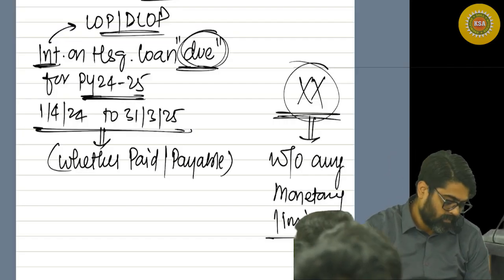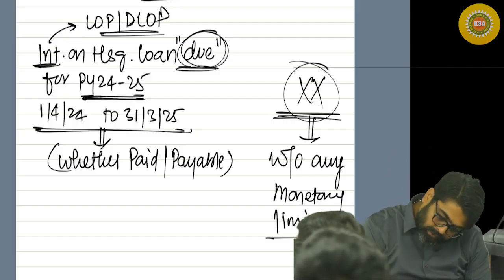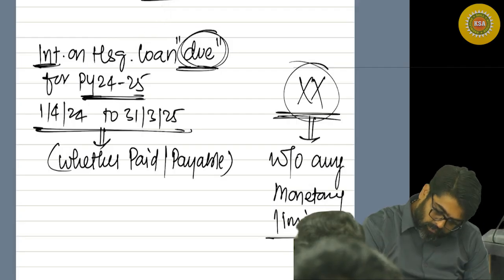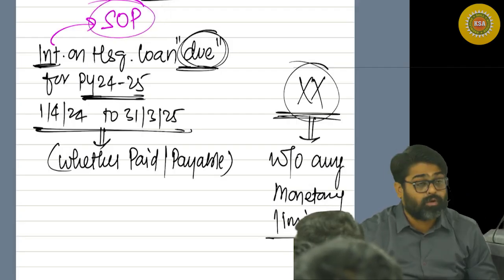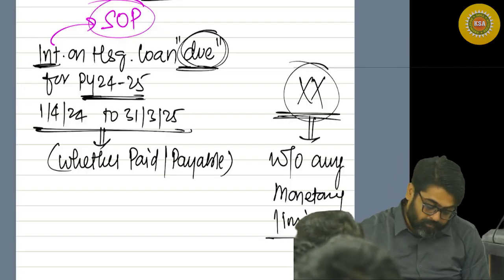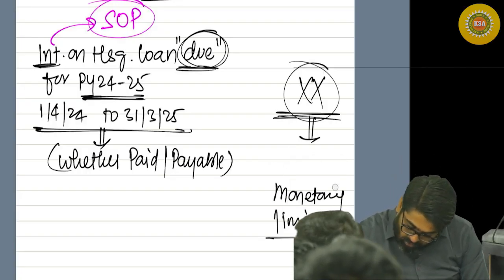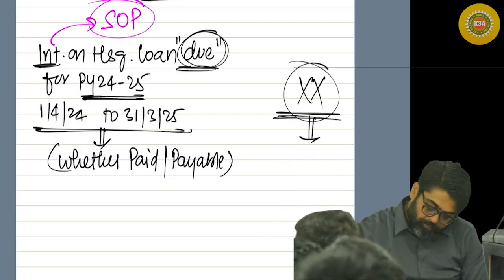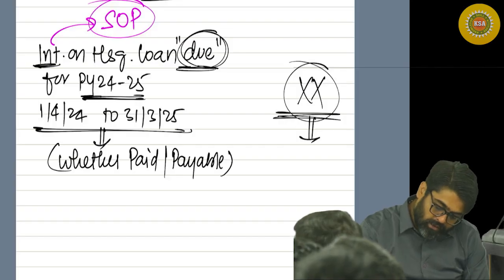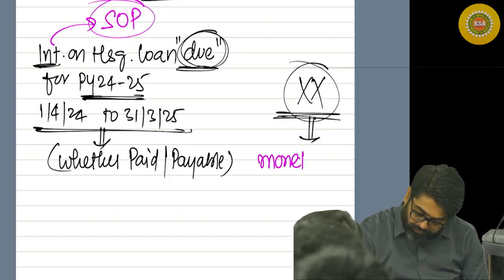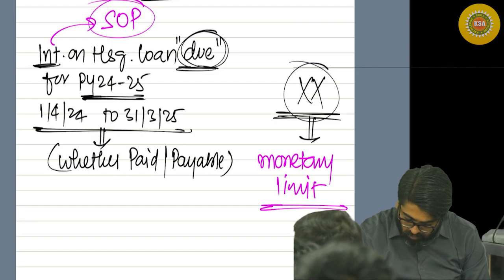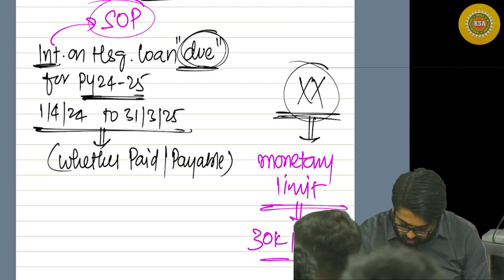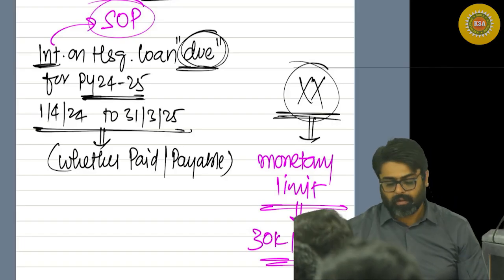Hello? Now what if this interest is related to SOP? Then without any monetary limit? No. There is one monetary limit. Monetary limit of how much? Either 30,000 or 2 lakhs, as the case may be.